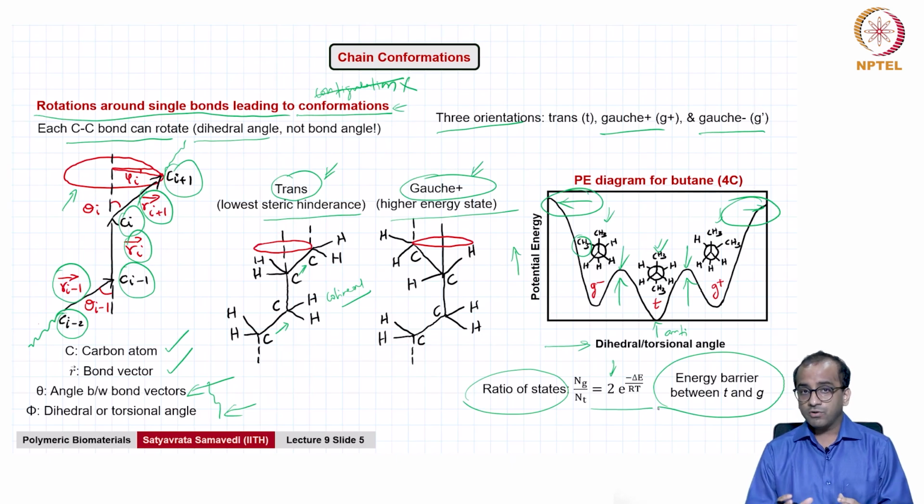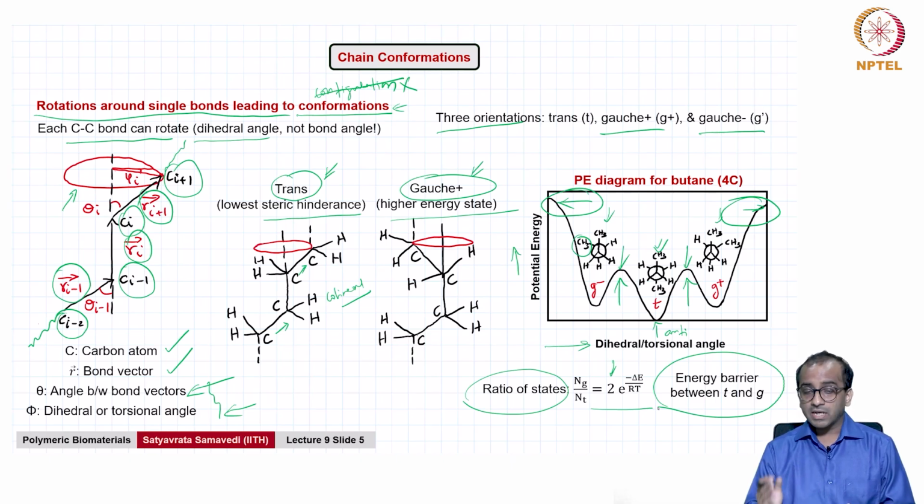Now, this should give you a good sense of a single carbon-carbon bond rotation when you think about what conformations can be favored, what conformations are less energetically favored, and how those can in turn depend on temperature.